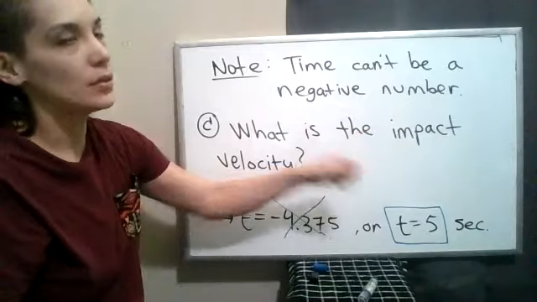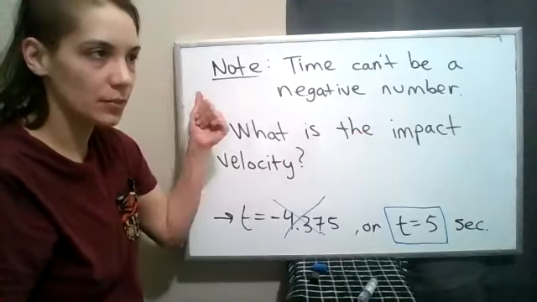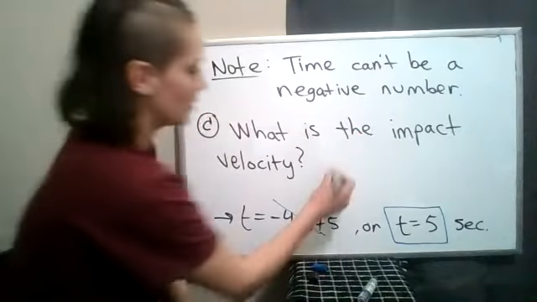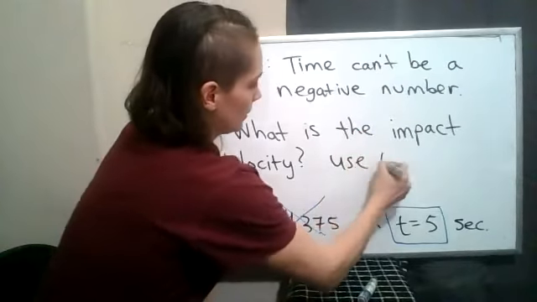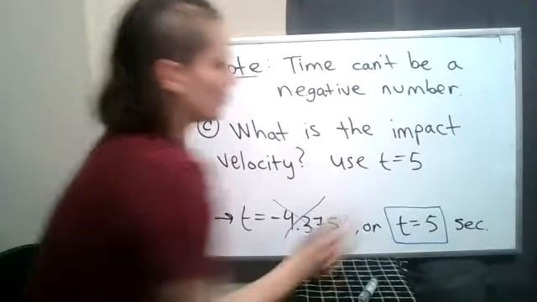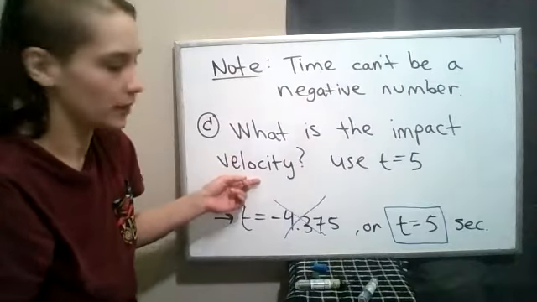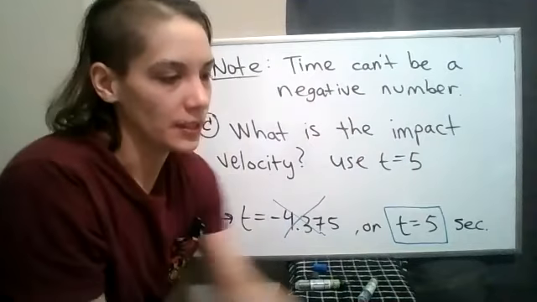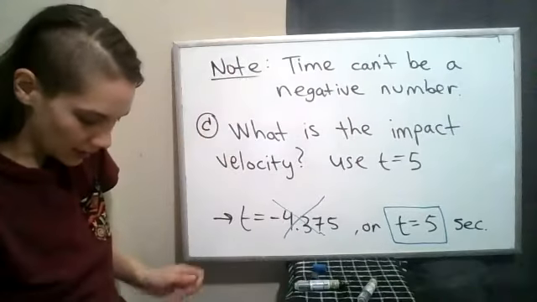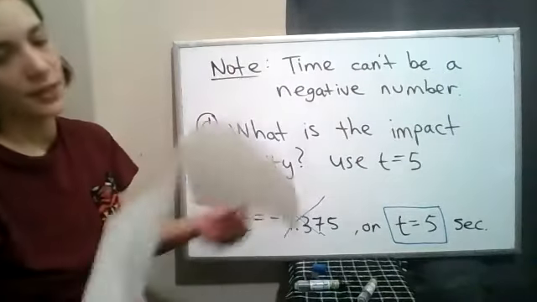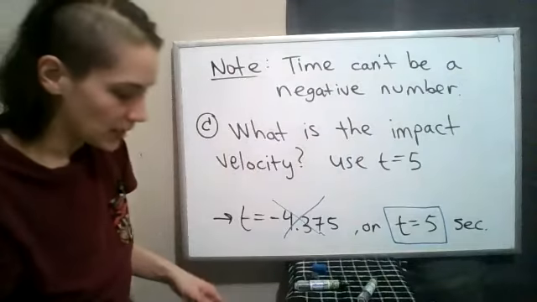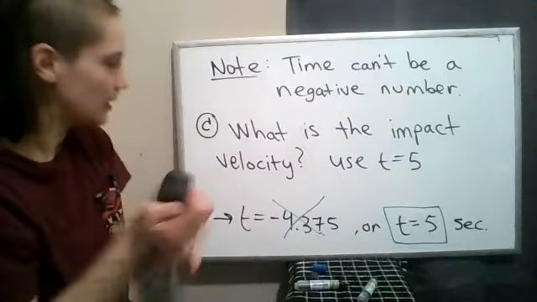So we want to use the previous problem and take that time, put it into the function we have for velocity, which was in our scratch work. So our velocity function looked like this. V of t was negative 32t plus 10.